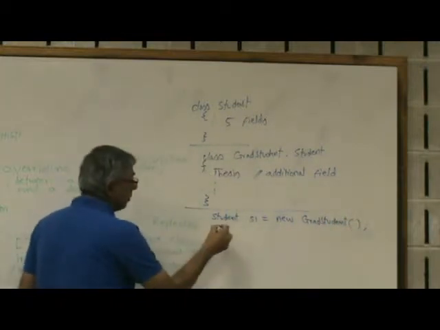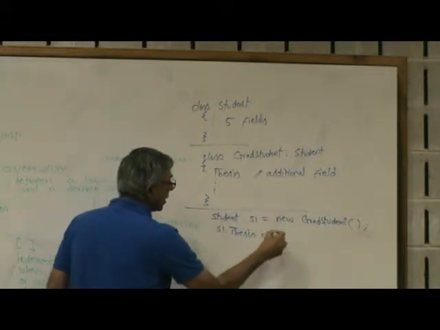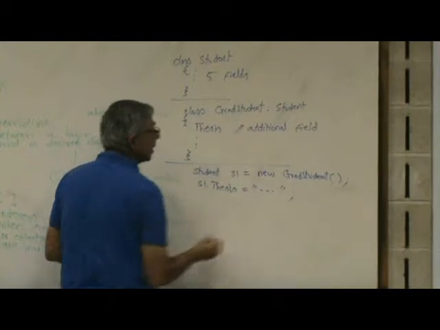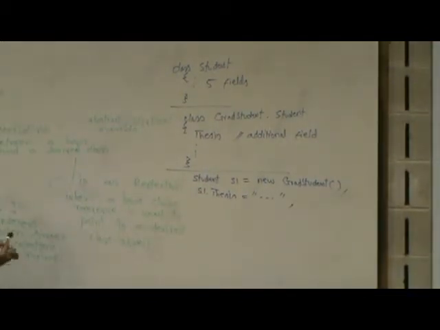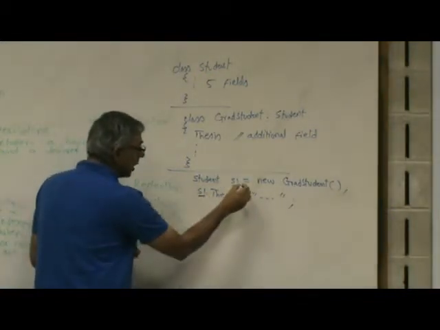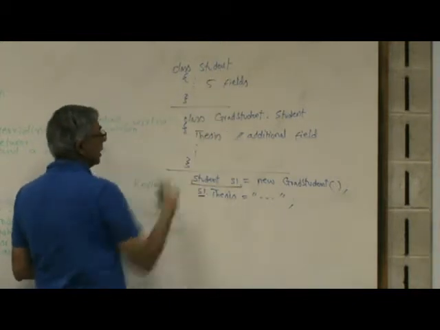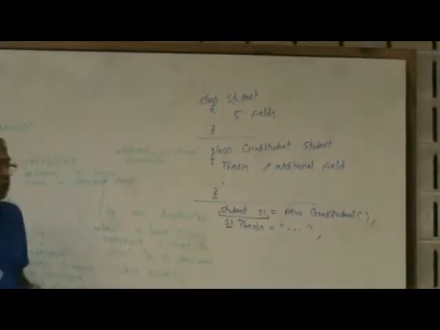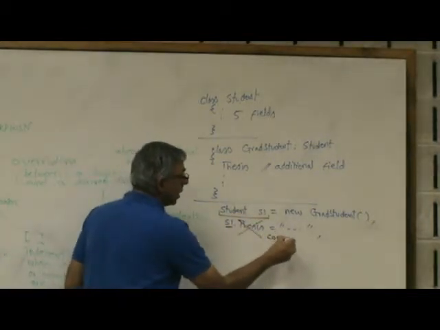Okay, so if through S1 they wanted to set the thesis, as we discussed, will this work, or will this generate a compiler error? Compiler error, because the way compiler works is it will check S1. S1 is of type student. It will go to the student and see is there a thesis. If there's no thesis, this will give you a compiler error, right?